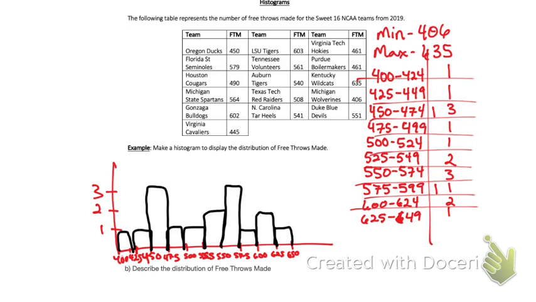So there it is. The only thing is we just need to make sure that we label our axis. So on the x-axis here, what do those numbers indicate? The number of free throws. Yeah.